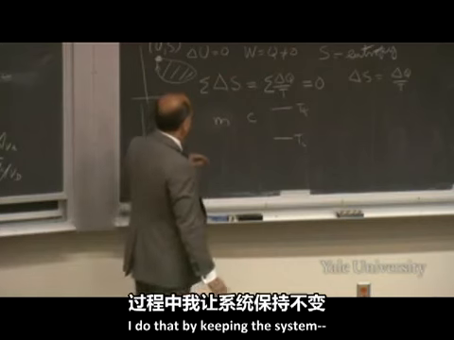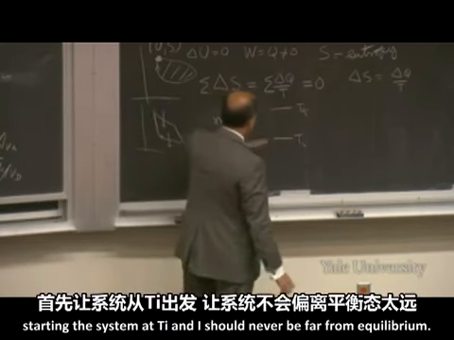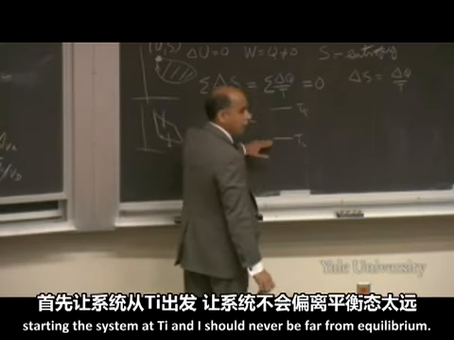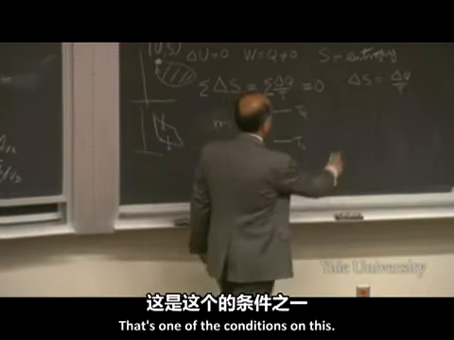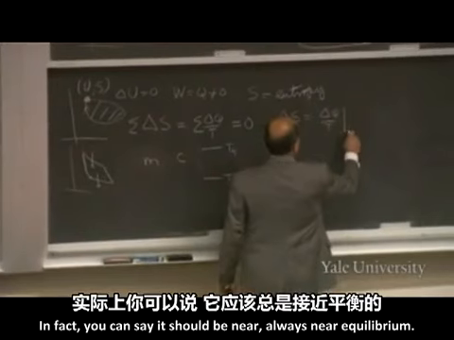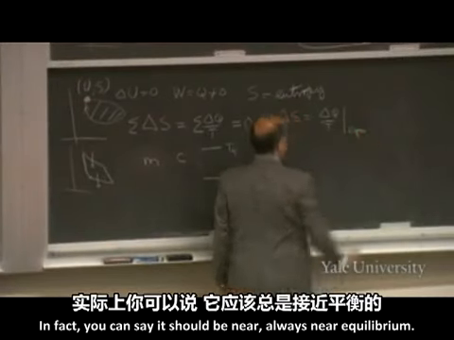I do that by keeping the system, starting the system at Ti, and I should never be far from equilibrium. That's one of the conditions on this. In fact, you can say it should be always near equilibrium.